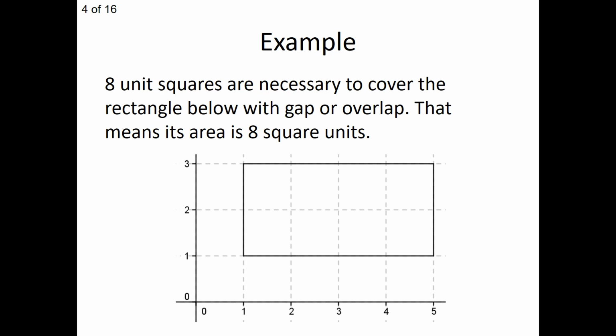We've placed a rectangle into this plane, and we have the ability to simply count the number of unit squares that cover this rectangle without gap and without overlap. And so we count, and we find 8 unit squares filling this rectangle. So by definition of area, we can simply say that the area of this rectangle is 8 square units.